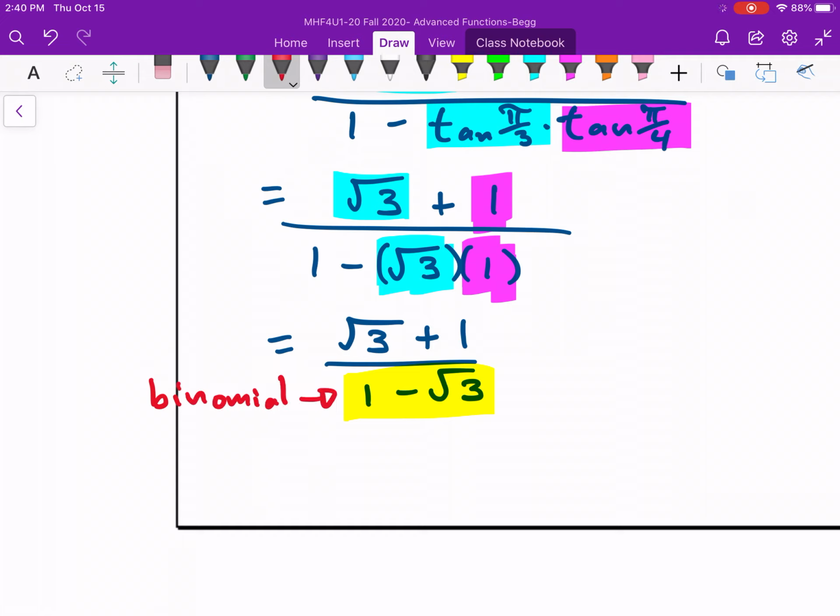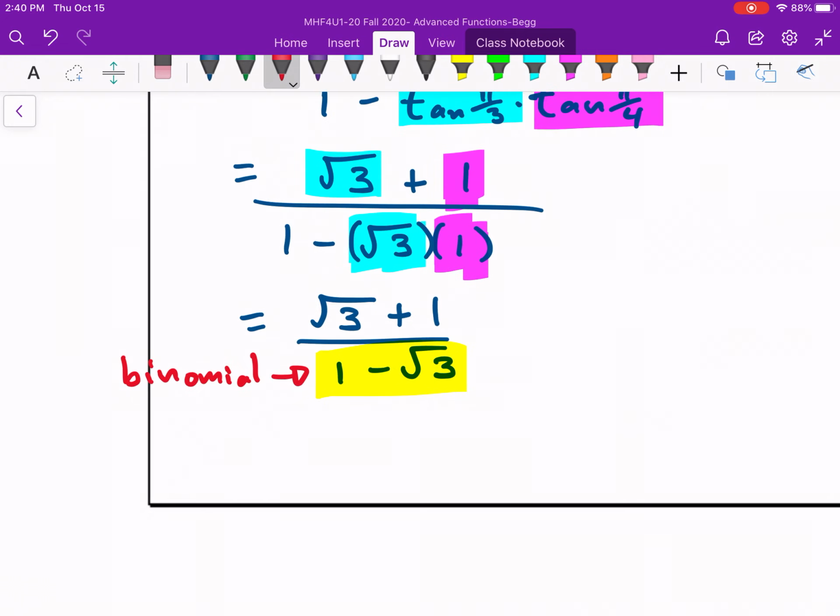And because it's part of a binomial, I can't just multiply by root 3 to get rid of the denominator, because if I multiply everything by root 3, I'd have to multiply the 1 by root 3 as well, and I'd still have a radical on the bottom. So what I can do is multiply by the opposite. So if I've got 1 minus root 3, I can multiply by 1 plus root 3.